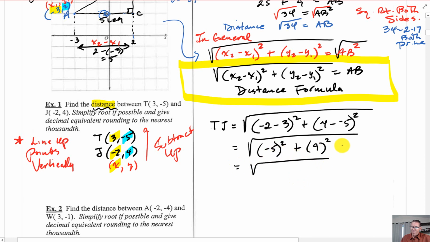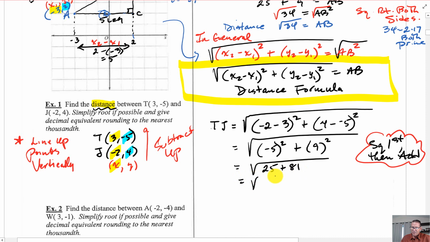You square first and then add. Make sure you follow the order of operations. Starting inside the root, you get 25 here, you get 9 squared, which is 81, and you add them, you get 106. So you get the square root of 106.